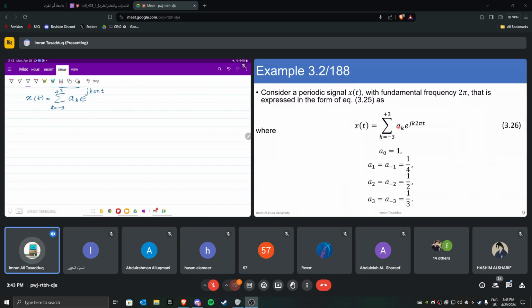When you expand it, it's going to be a minus 3 e to the power minus j 6 pi t, plus a minus 2 e to the power minus j 4 pi t, plus a minus 1 e to the power minus j 2 pi t, plus, yes, what should I write? Help me.